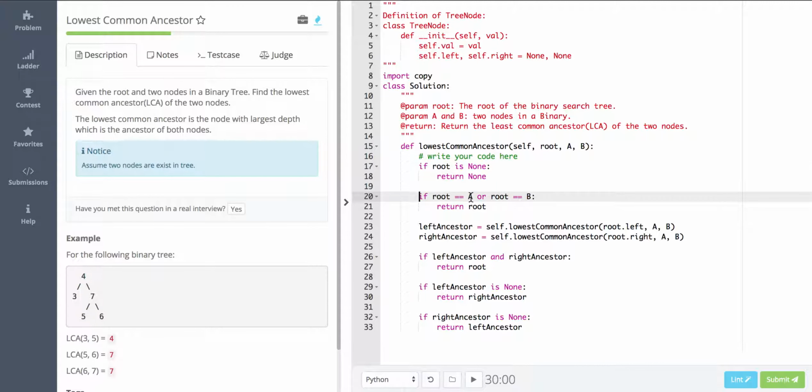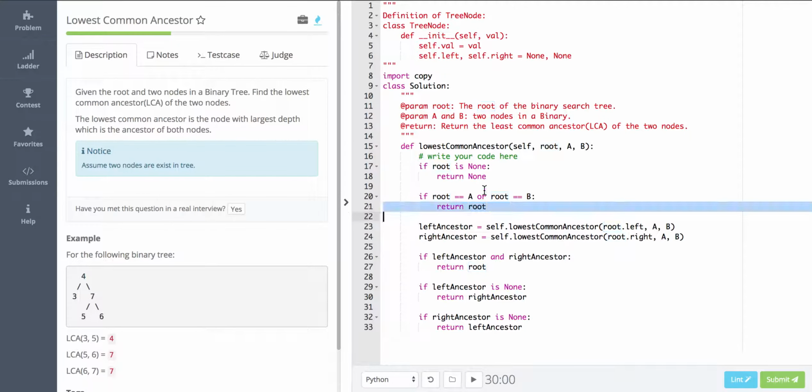And if the root is A or root is B, then we just return root. What does it mean? That means that if one of the two nodes is the tree's root node, we just say, okay, the common ancestor of A and B is the root, whoever is the root.